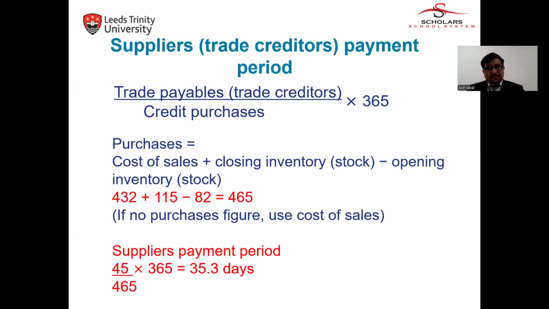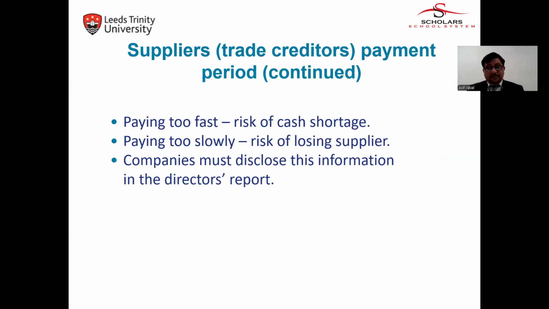The trade payable payment period, or suppliers' payment period, is trade payables divided by credit purchases, times 365, showing how much time the business takes to pay its suppliers. If paying too fast, there is a risk of cash shortage. If paying too slowly, there is a risk of losing suppliers.